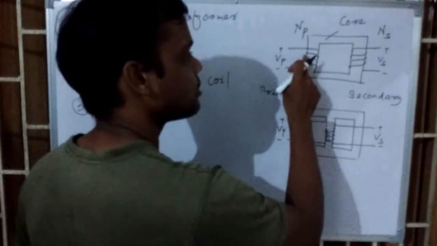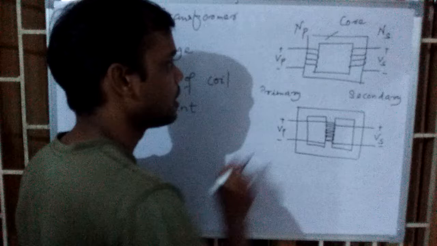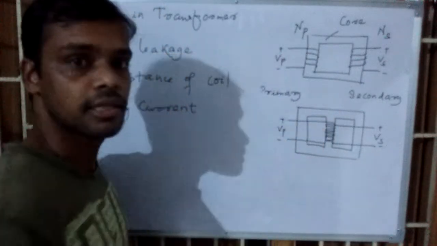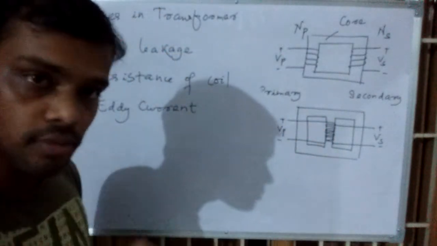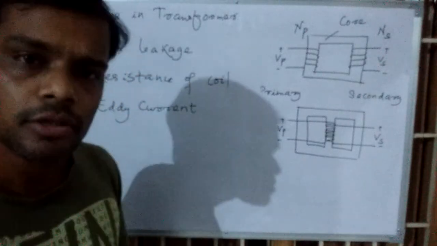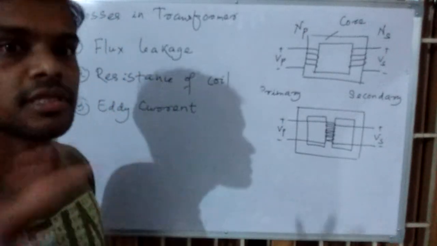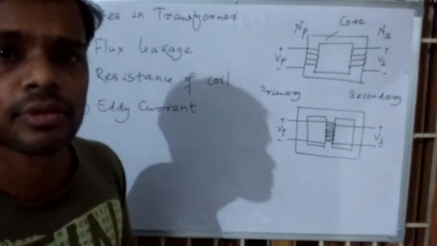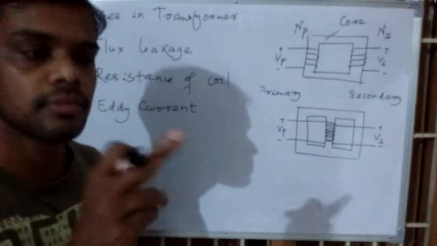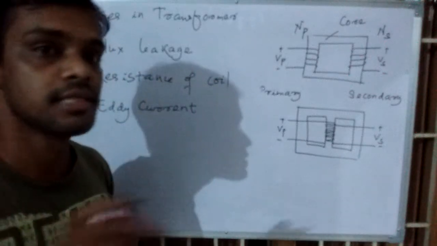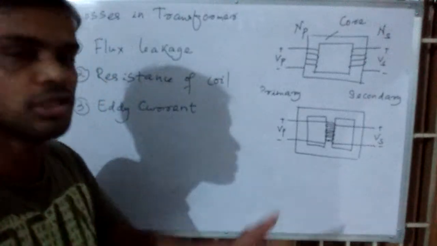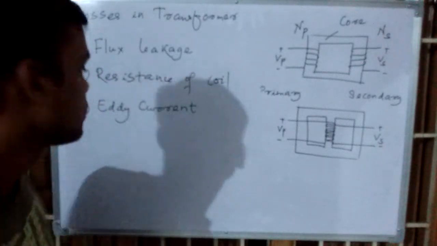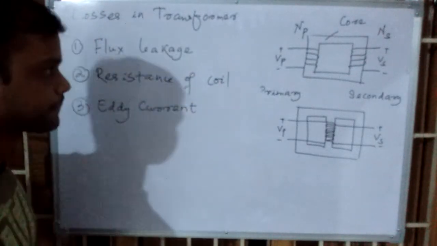Now if current is passing through it and it is an AC current, that current can produce eddy current in the core material, and because of that some power will be lost, because eddy current produces heat. From where does that heat come? That heat is produced because of the current circulating inside the material. That means this is one sort of loss. Some energy is consumed in the form of heat. So this is eddy current loss.